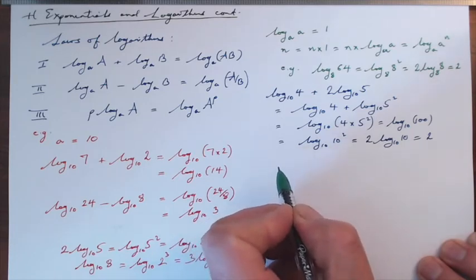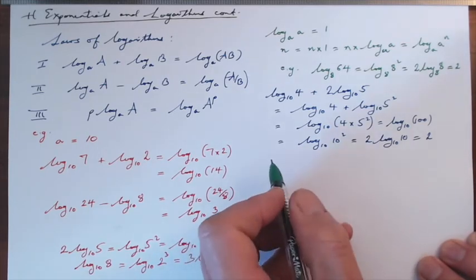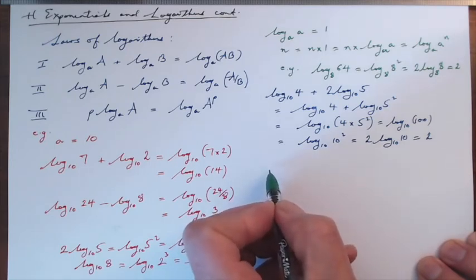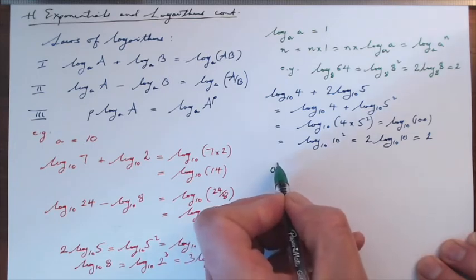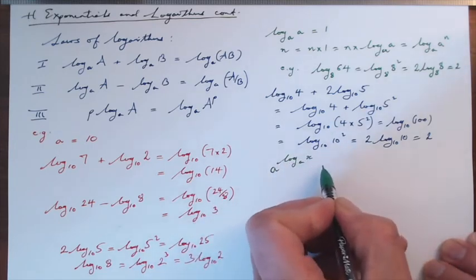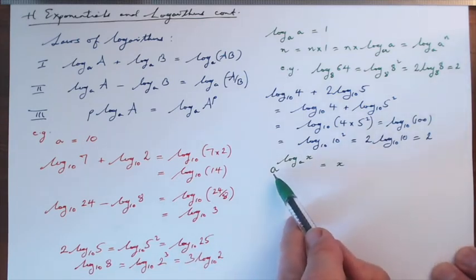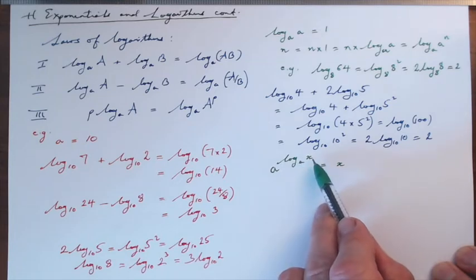So the function of an inverse just gives you back the argument of the inverse function, and so we would have that the exponential of a logarithm of something, let's just call it x, gives you back x. In other words, the function of its own inverse just returns the original subject of the function.